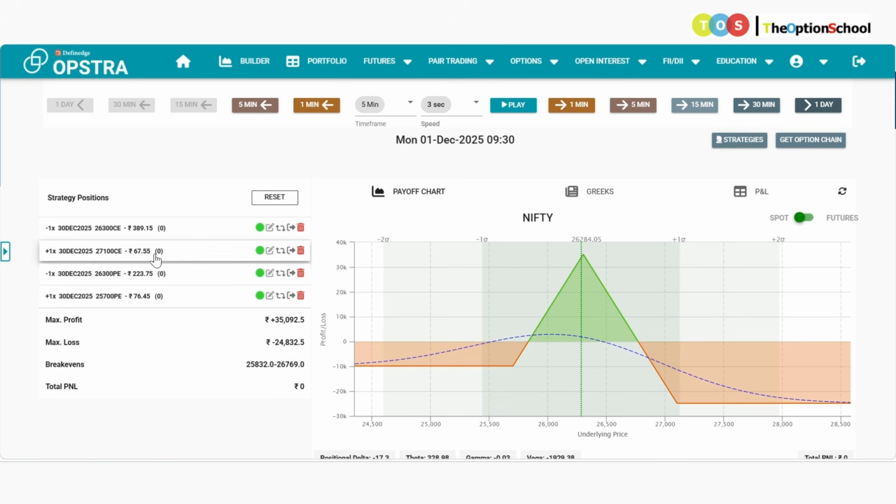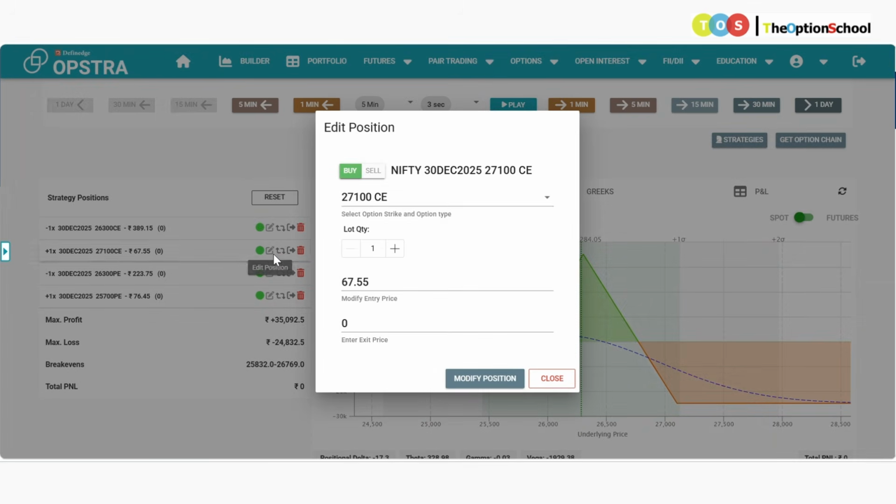In this case, since we have received how much money, 223 plus 3, almost 400, 600 rupees. So what I should do, I should buy protection at 600 points. So in this case 27,100, I can bring it down by, let's say, 200 points.